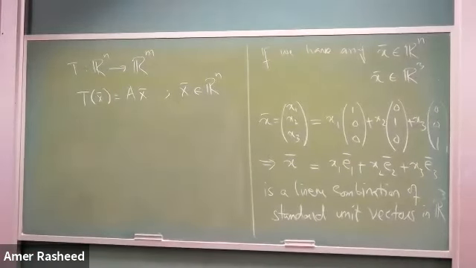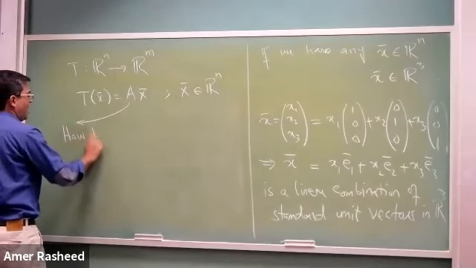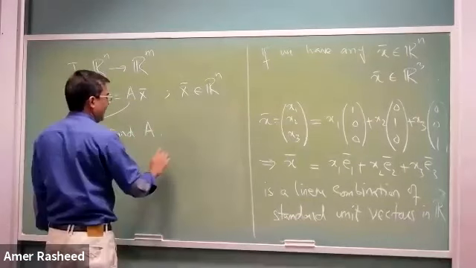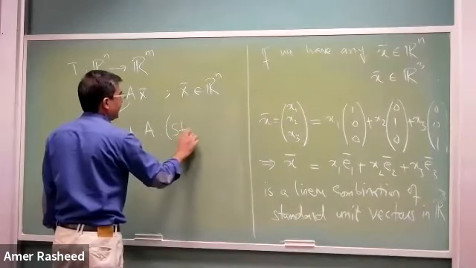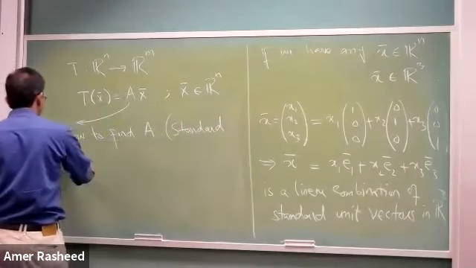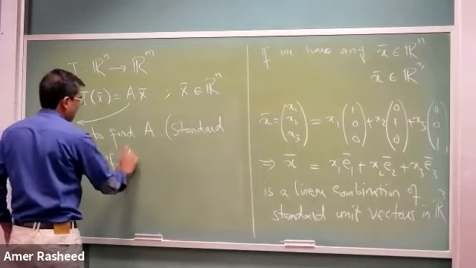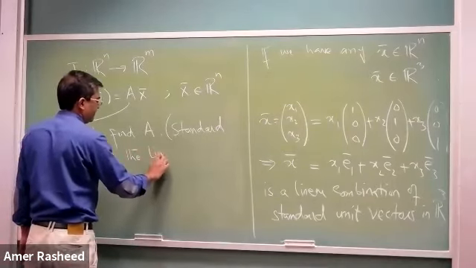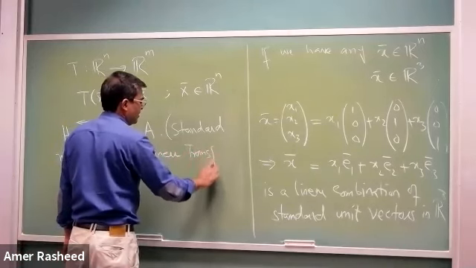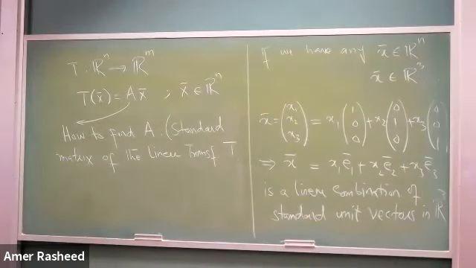How to find this matrix A, which is called the standard matrix of the linear transformation T? How to find this?